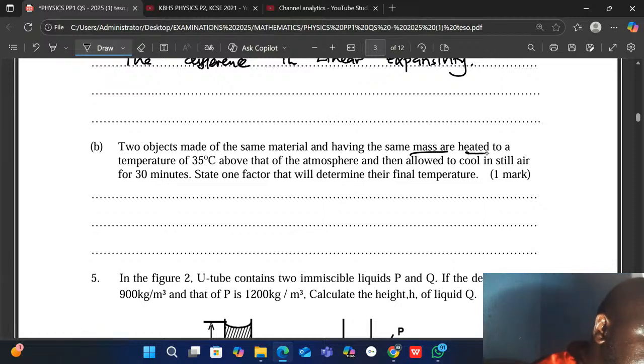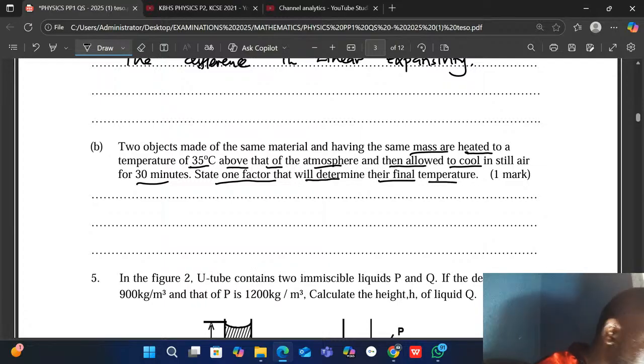Are heated to a temperature of 35 degrees Celsius above that of the atmosphere, then allowed to cool in still air for 30 minutes. State one factor that will determine their final temperature.